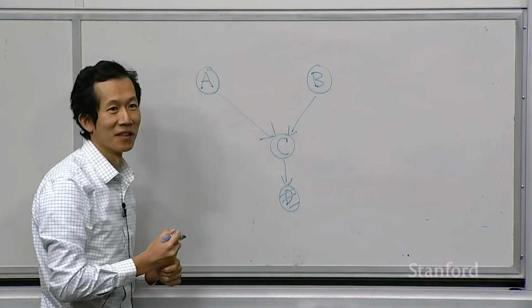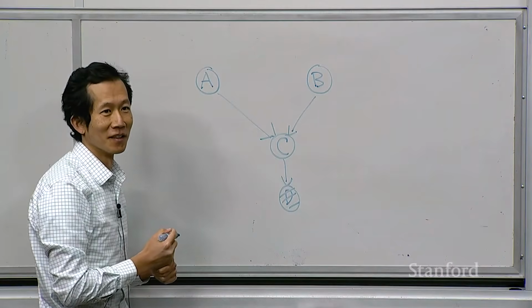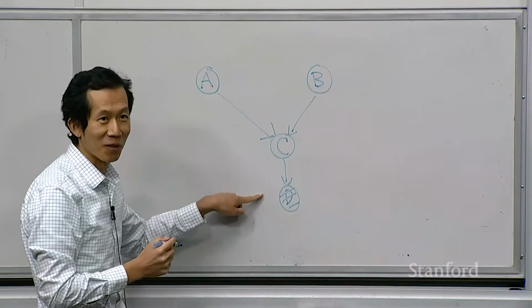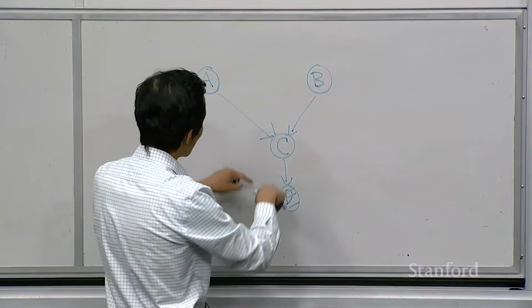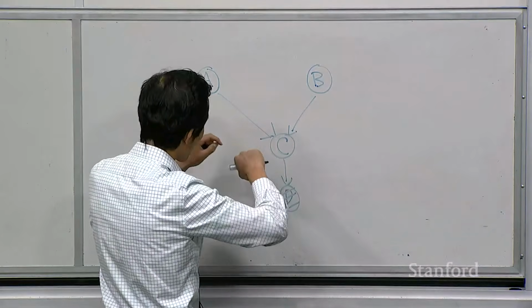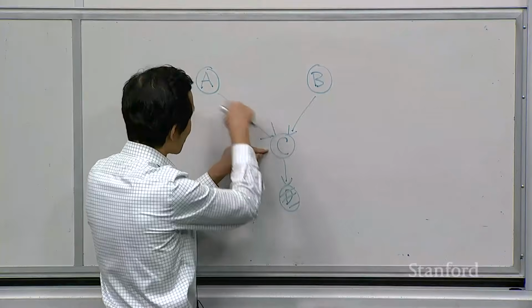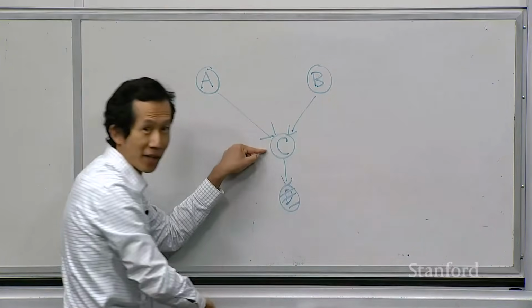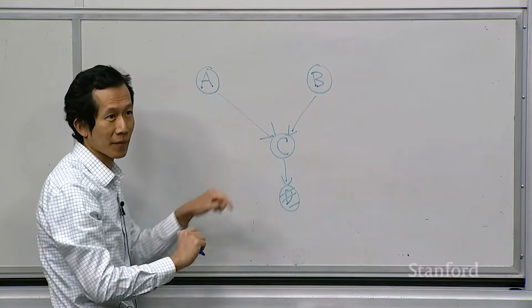Are they independent? This is not independent anymore. And remember, the third rule here is that if you condition on this, they're definitely not independent, but it also holds for any descendant. Okay?